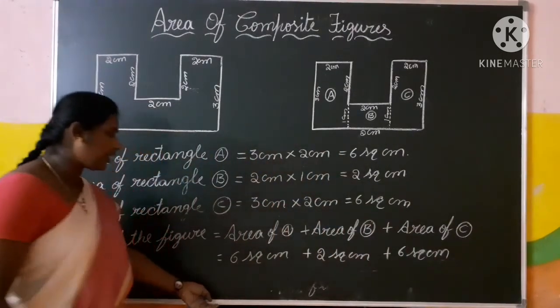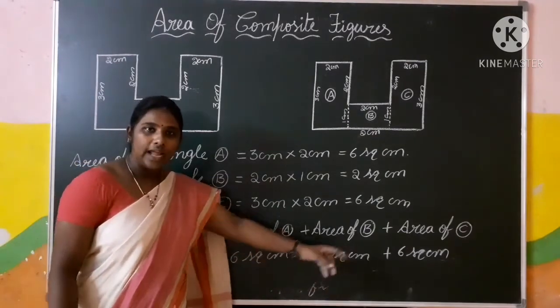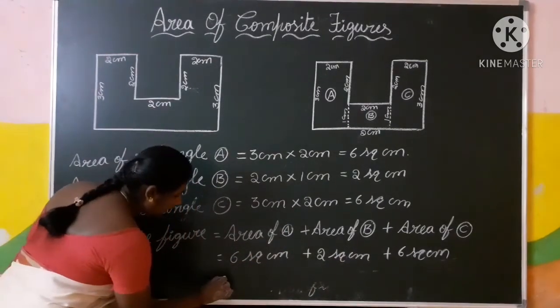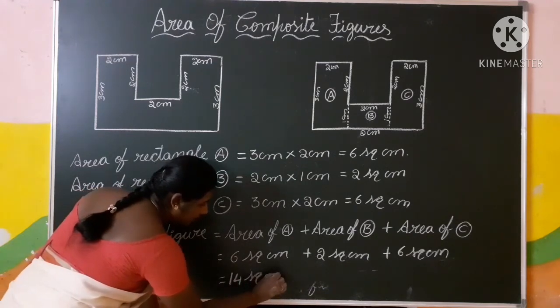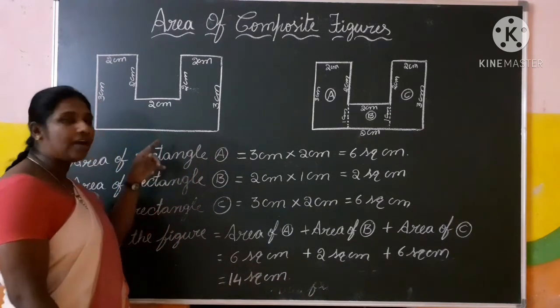Now add these three. 6 plus 2 is 8, 8 plus 6 is 14. 14 square centimeters. This is the area of the figure.